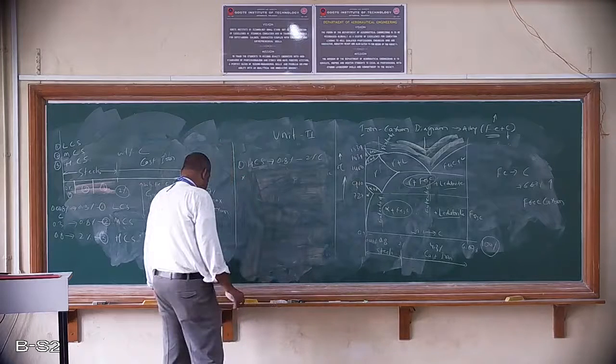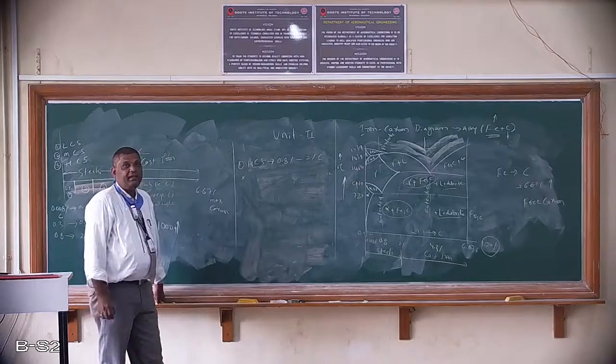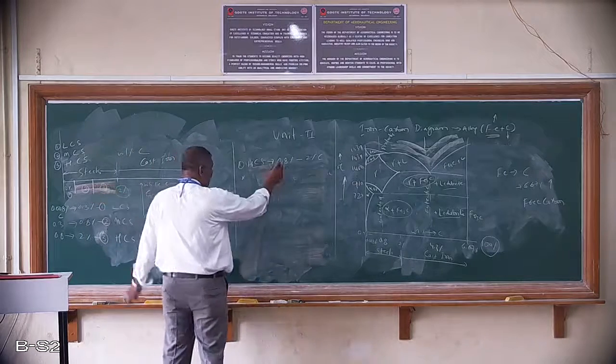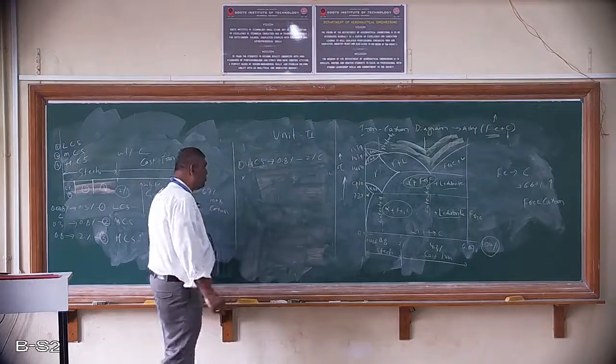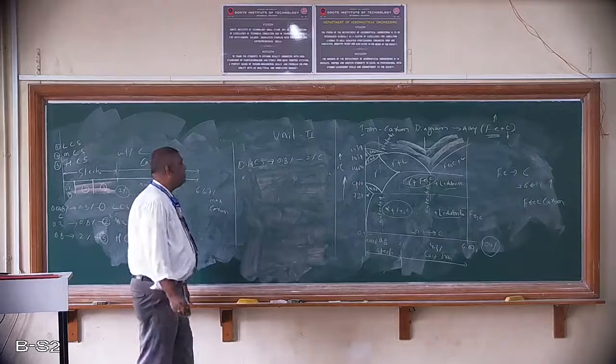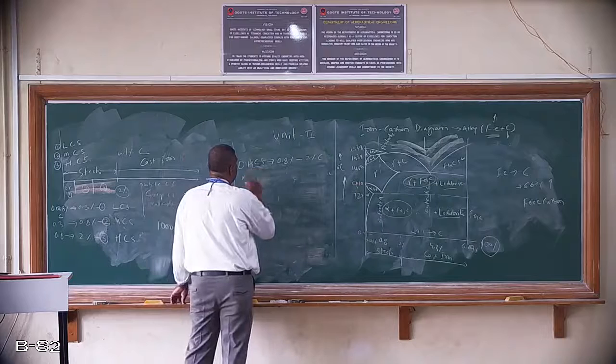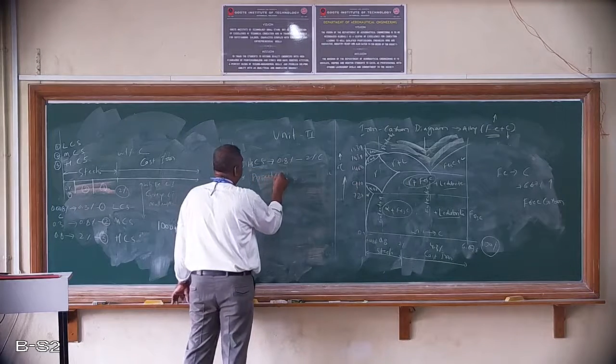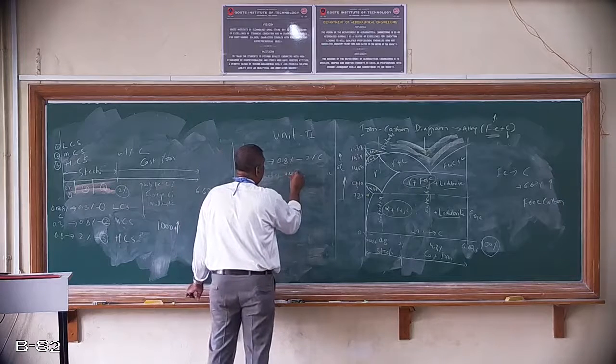So as the name itself suggests, high carbon steel. The percentage of carbon is between 0.8 and 2%. Here in high carbon steel, the properties are very high.